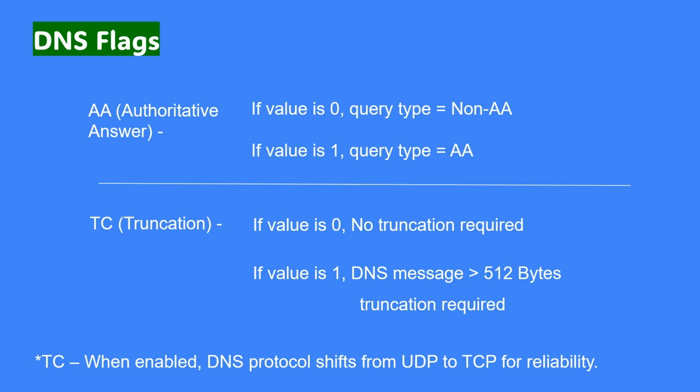If the value is 1, it means the DNS message has exceeded the 512 bytes of optimal DNS message length. Here either we need to perform truncation, where we break that DNS message into smaller parts, or we go with TCP as the protocol in order to pass on the information more reliably. So there is a shift from UDP to TCP for reliability.